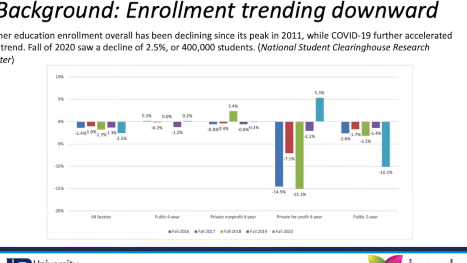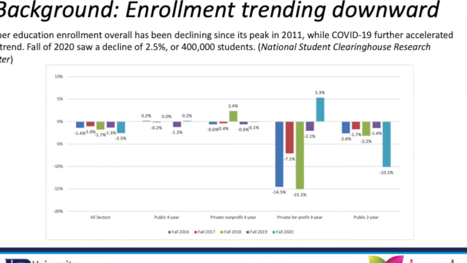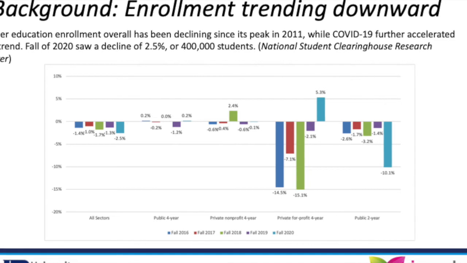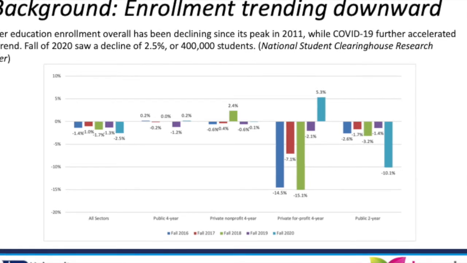So a decline of 400,000 students. That's a devastating decline. And you'll see that play in here as one of the trends. So keep that in your mind as we move forward.